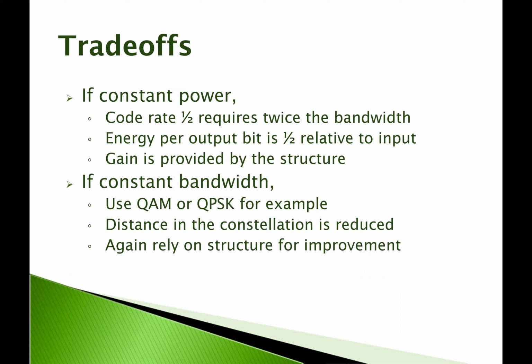So our code rate of 1/2 means that we're outputting twice as many parity bits per unit of time than we have message bits, right? So we need twice the bandwidth to do that. The energy per output bit is 1/2 of that relative to the input.